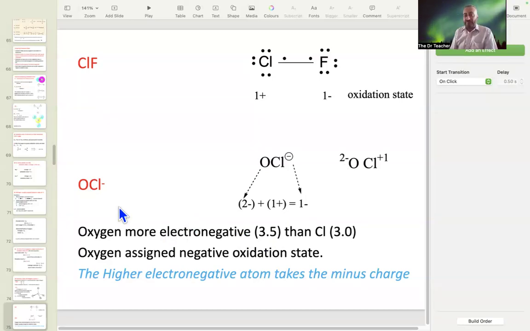So here for the first time we can see the chlorine is +1, and over here -1, so the chlorine is +1 and the oxygen -2. Oxygen is assigned negative oxidation states. The more electronegative atom takes the minus charge.